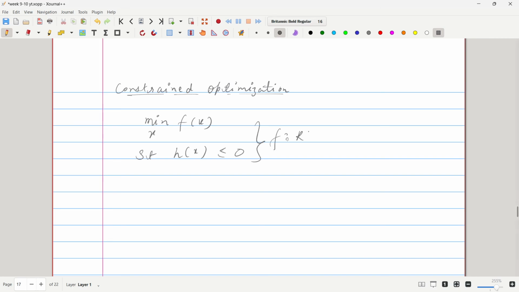This is for the function from R^d to R. And the Lagrange function is L(x, lambda) equal to f(x) plus lambda times h(x), where x is a vector and lambda is a scalar.